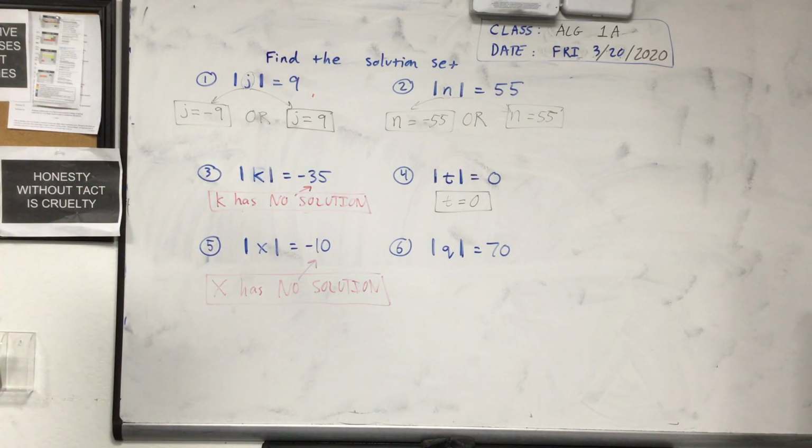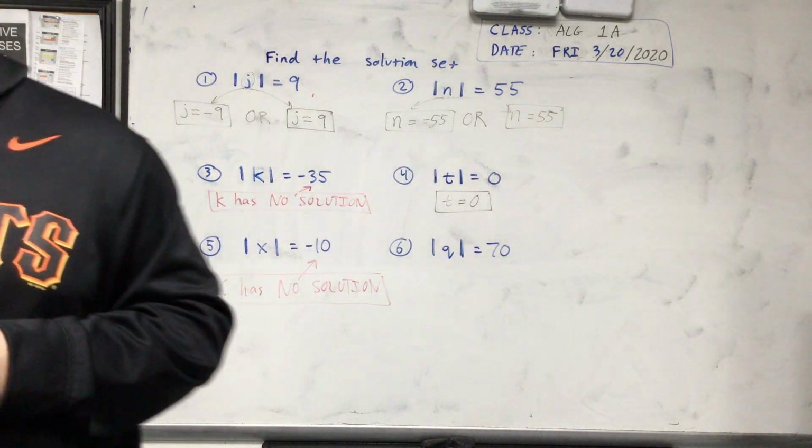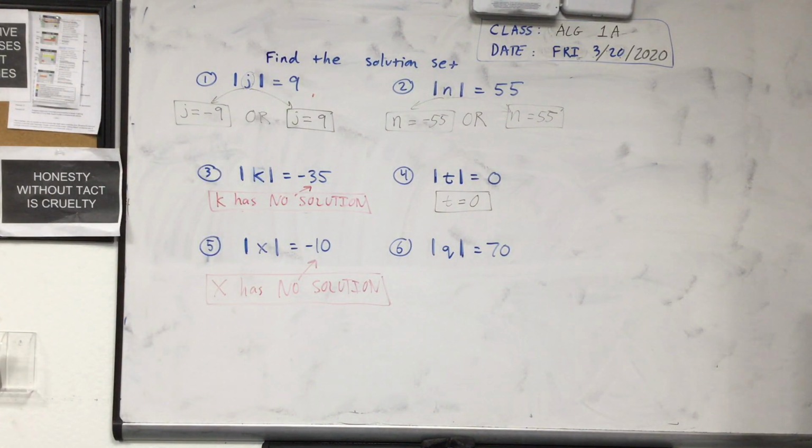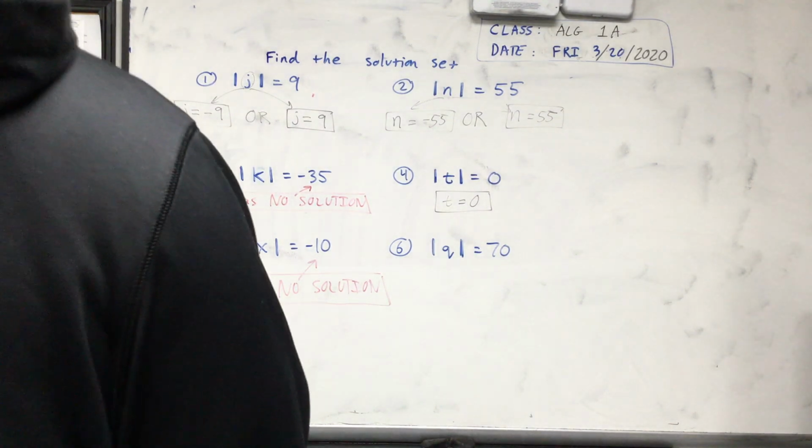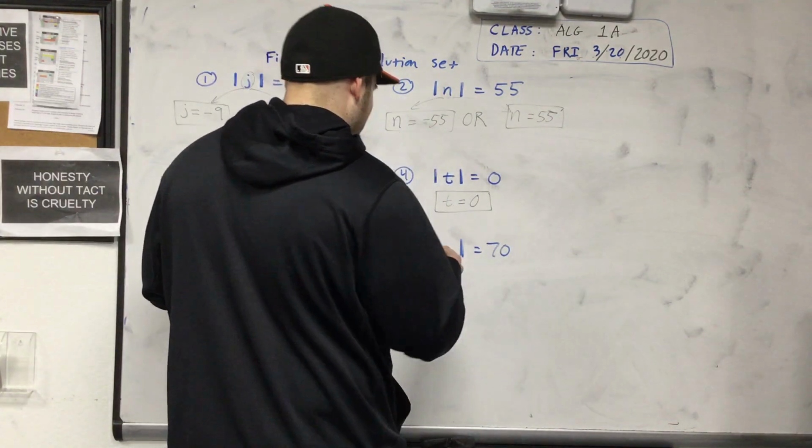And finally, for the last one, the absolute value of Q is 70. Well, are the bars isolated? Is the output positive or negative? It's positive. So that tells me that there are two solutions to this.